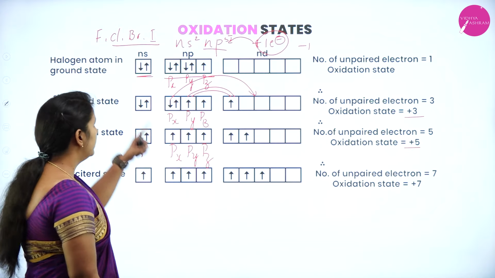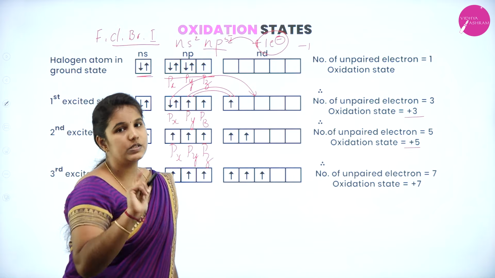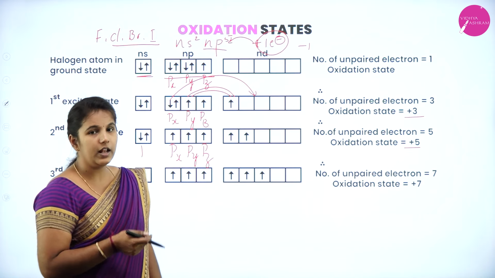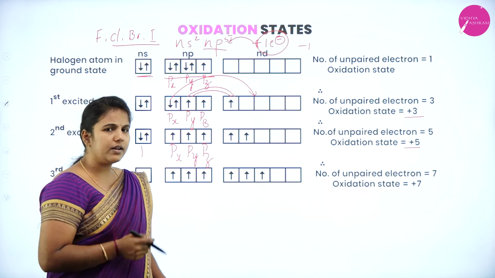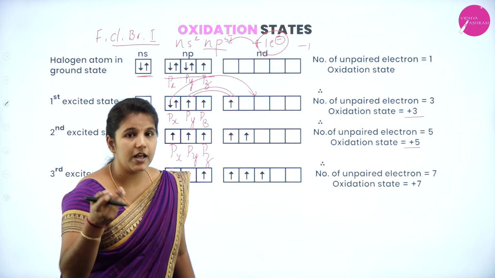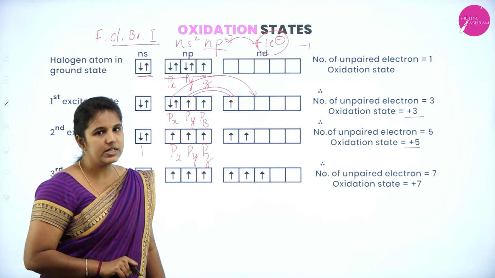Remember, fluorine will not show all these oxidation states, it only shows -1, because for fluorine there will be no availability of the d orbital, but the rest of these elements have an empty d orbital. That is why it shifts the electron from the p and s orbital, thereby it shows +1, +3, +5 and +7 oxidation state.